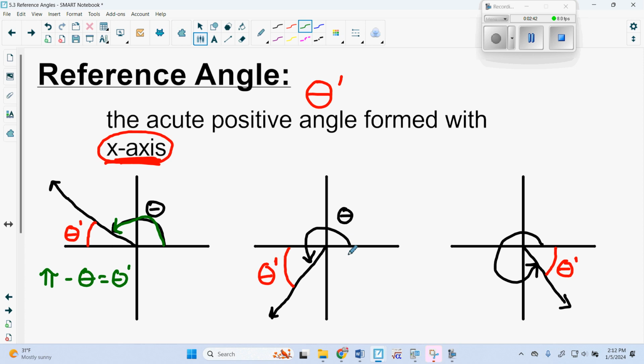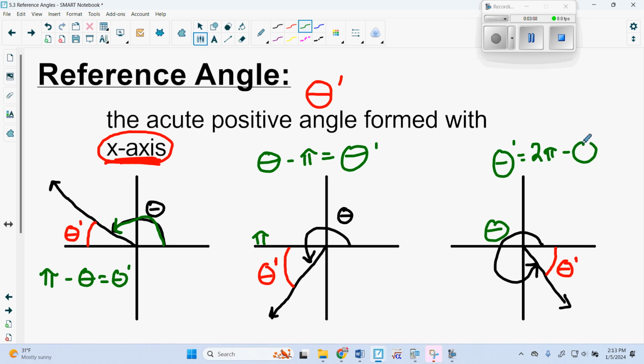In this case over here, now your angle is bigger than pi, so you are going to take your angle minus pi, and that will give you your reference angle. Over here, this is your angle. All the way around is 2 pi, so to find your reference angle, you're going to take 2 pi minus your angle. So it's all based on coming off pi or 2 pi because it's the angle to the x-axis.